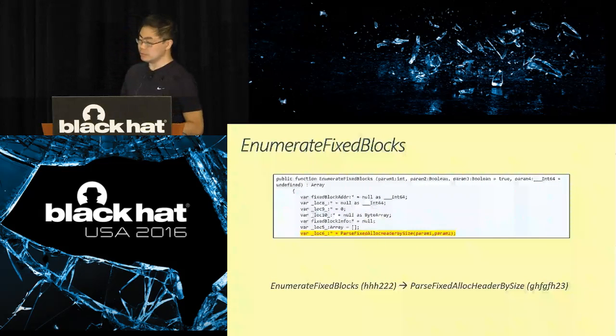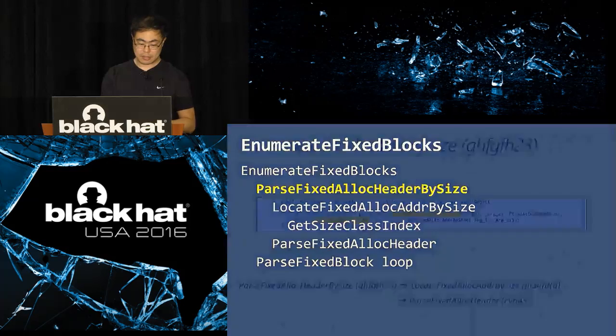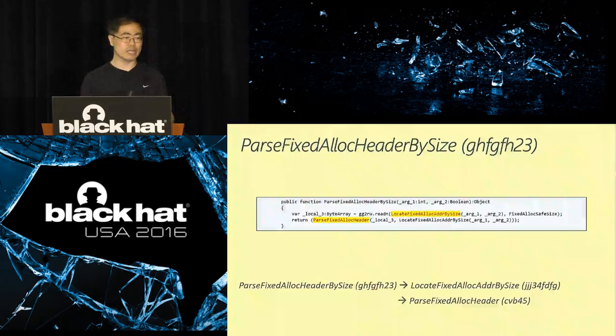If you look into the code, it is just calling parseFixedAllocHeaderBySize. In MMgc, the memories are linked by sizes. So if you know the size of your target object, you can find it. But there can be multiple different objects with the same size. In that case, you can use heuristics specific to the target object you are looking for.